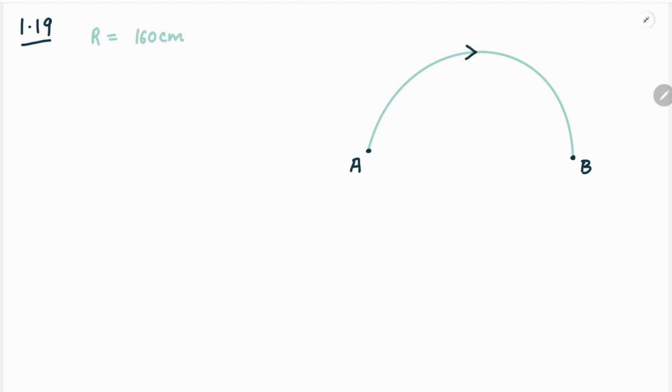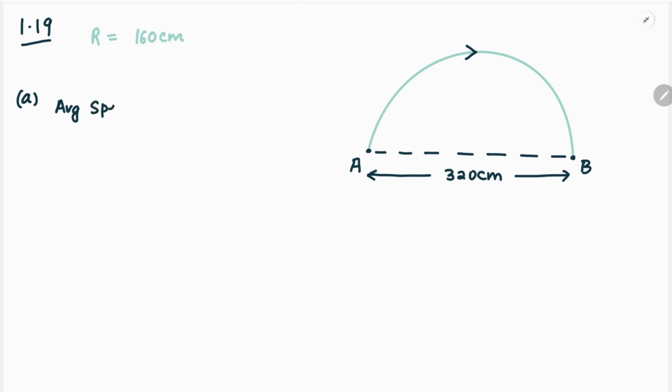The radius is 160 centimeter, and this is the displacement which we can consider, which is equal to 320 centimeter. So the first part of the problem is asking us to calculate the average speed.